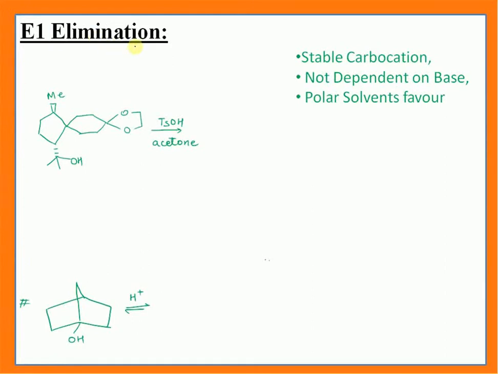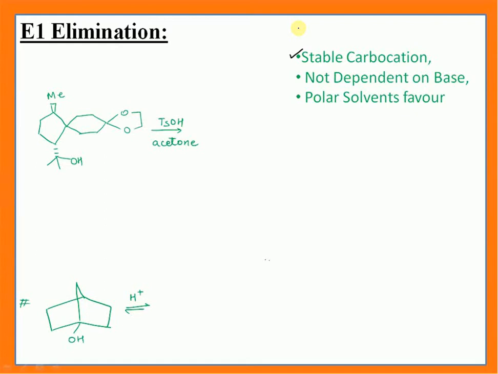Next we will take E1 elimination. Important points about E1 elimination: it involves formation of a stable carbocation. Now you know the meaning of a stable carbocation. It can be a tertiary carbocation, it can be allylic, benzylic, it can be stabilized by a heteroatom, right? All the points which we have discussed in nucleophilic substitution reactions are considered here.